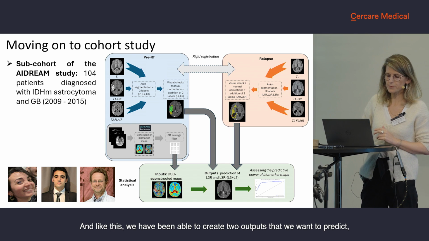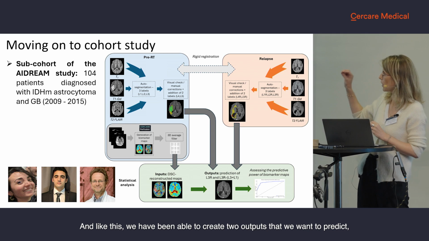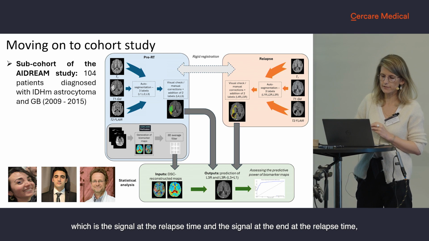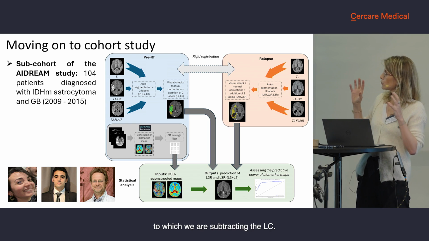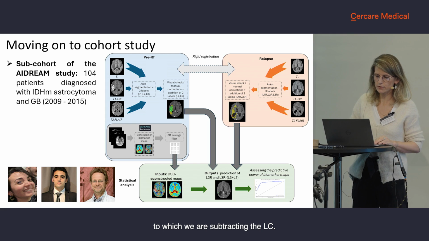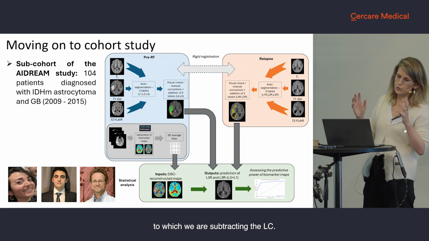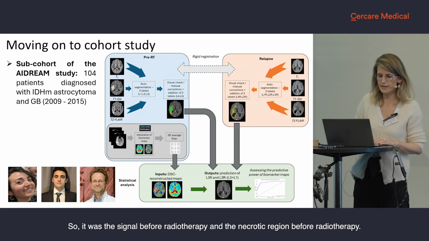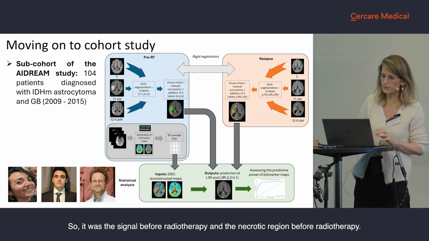Like this, we have been able to create two outputs that we want to predict: the enhanced signal at the relapse time, and the enhanced signal at the relapse time from which we subtract the enhanced signal before radiotherapy and the necrotic region before radiotherapy.